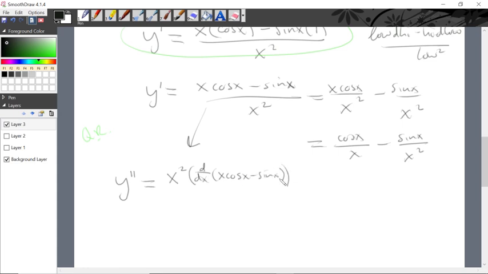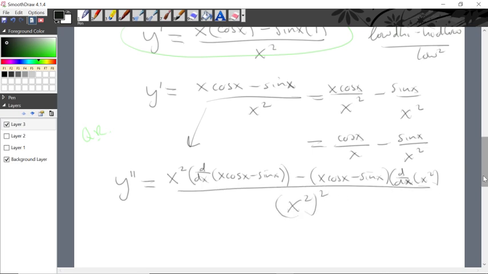Okay, so low d high minus high, which is the quantity x cosine x minus sine x, d low. So derivative with respect to x of x squared over x squared squared.